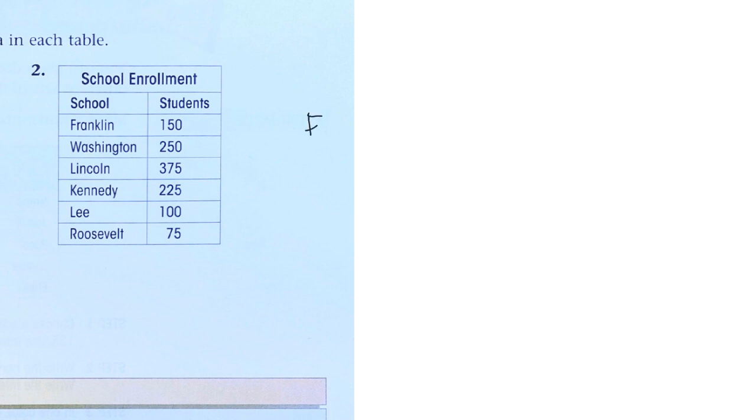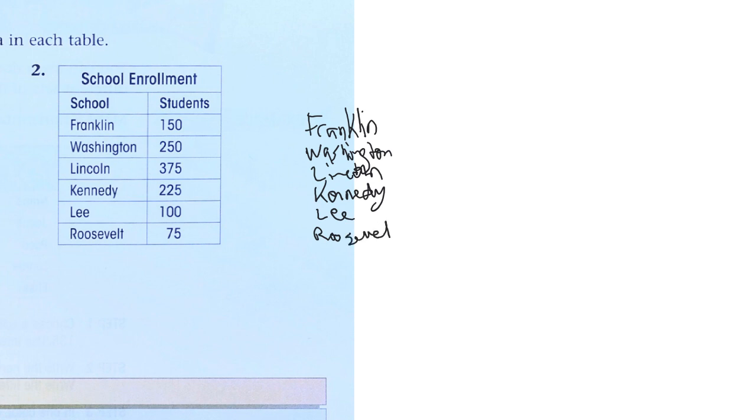We've got Franklin, Washington, Lincoln, Kennedy, Lee, Roosevelt. All right, so now we've got names, and then we're going to get the number of students.